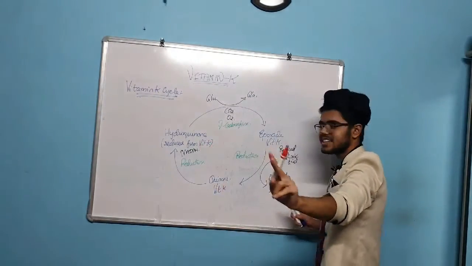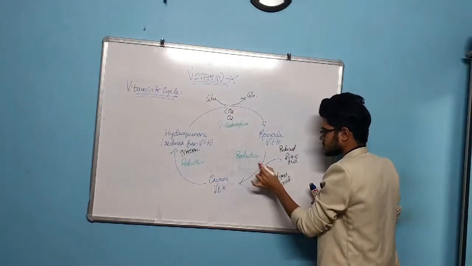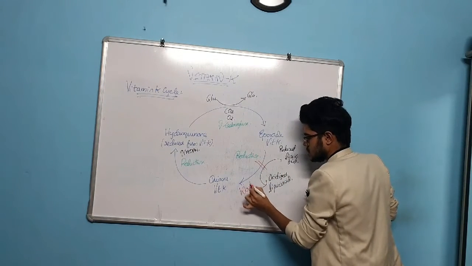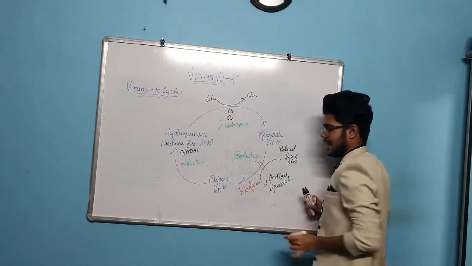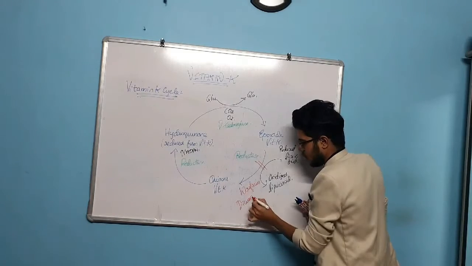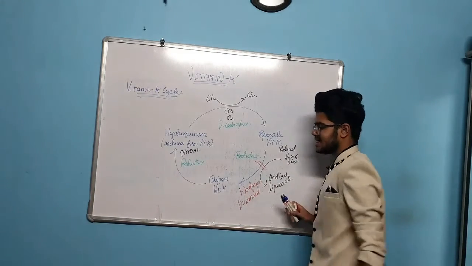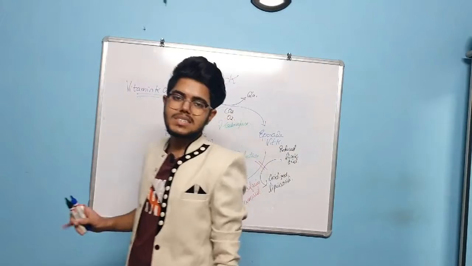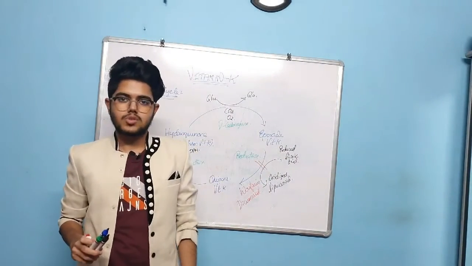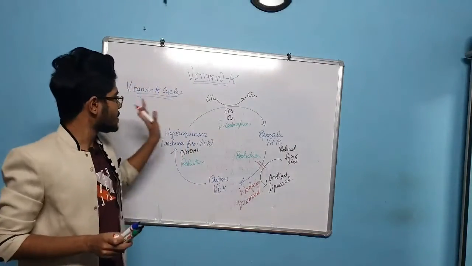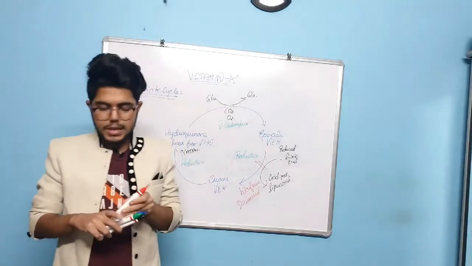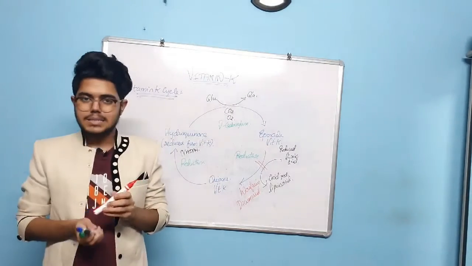There are 2 important competitive inhibitors: one is warfarin, and the other is called dicumarol. These are the competitive inhibitors of vitamin K. Hope you understood the vitamin K cycle. It is a very important 5 mark question, so when you are learning about vitamin K, you need to learn about the vitamin K cycle.